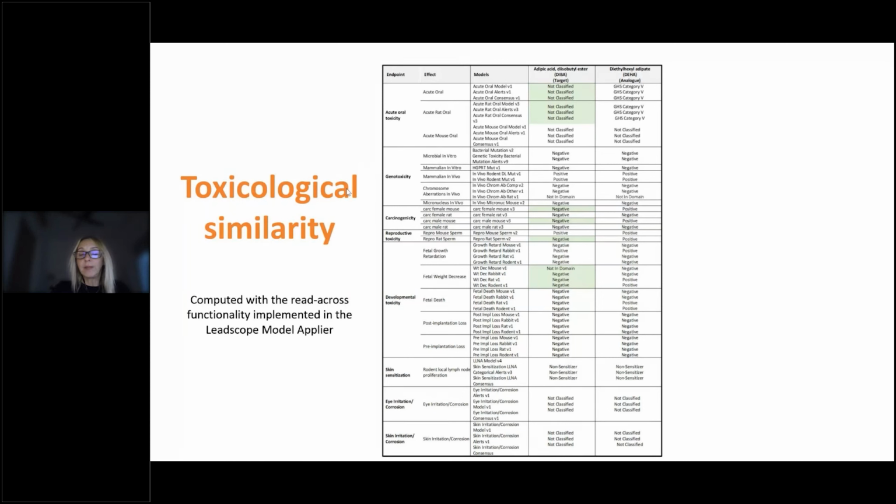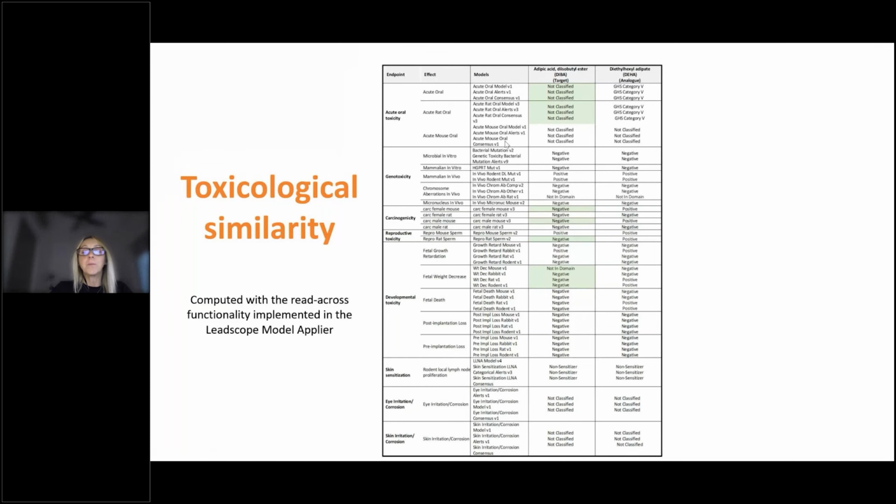In this table here, you can see how predictions for different endpoints are displayed for the target compound and for the analog and are compared with each other. The endpoints that are included in this toxicological similarity, again, depend on the specific read-across use case. So again, they depend on the specific endpoint that we want to read across.